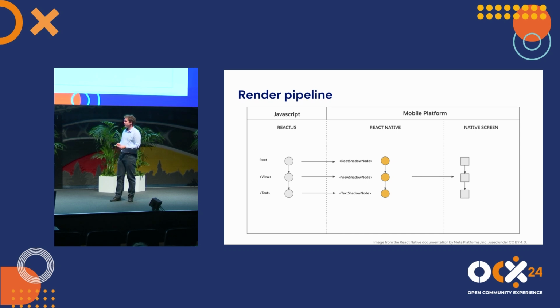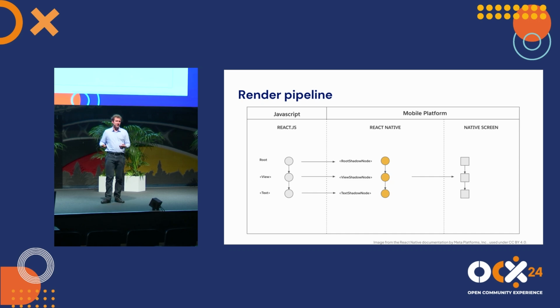So in the render phase, React Native basically creates a shadow tree with all the host views. So when you have a view with a text and some other views, a button, the wrapper view won't necessarily get a shadow node, but the view, the text, the button, they will get one. So that's for the rendering phase. Then there's the commit phase, and in the commit phase, a couple of things happen, but generally one of those things is layout calculation.